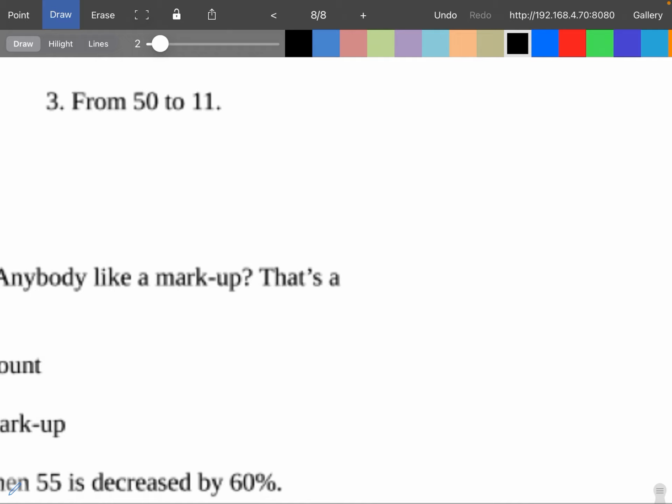And then the third one. What about that one? Is that an increase or a decrease? It's a decrease. It's going from 50 to 11, right? You're going to come out with a negative answer, but all that means is that it's decreasing. So let's set this one up real quick. We're going to do the new one, which is 11, minus the original, which was 50, all over the original, which was 50. Throw that numerator in parentheses and then multiply by 100. So 11 minus 50 would be negative 39.